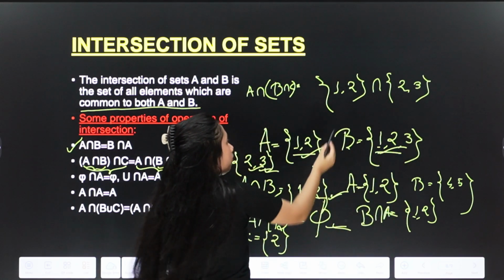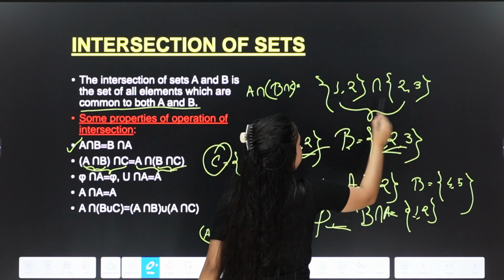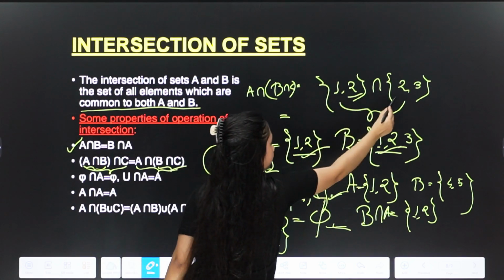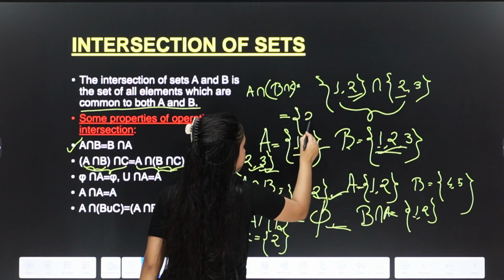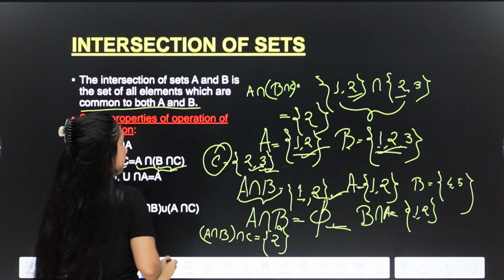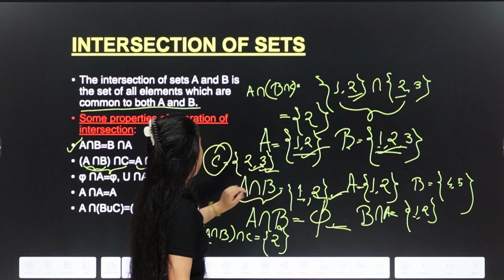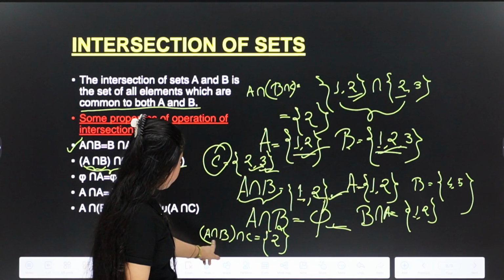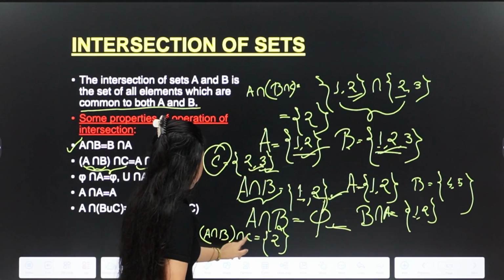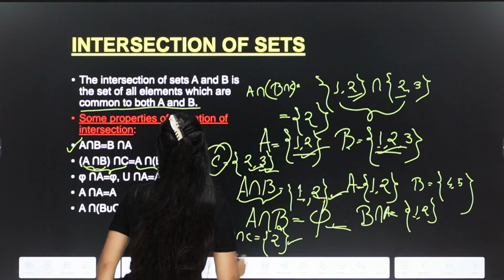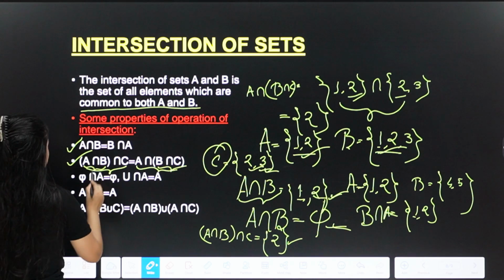Then what is the common element between these two sets? 2 is present here and 2 is present here. So the common element is 2. That is A intersection B intersection C is equal to the set 2. And here also A intersection B intersection C is equal to the element 2. Thus both are same. So this property is also satisfied.